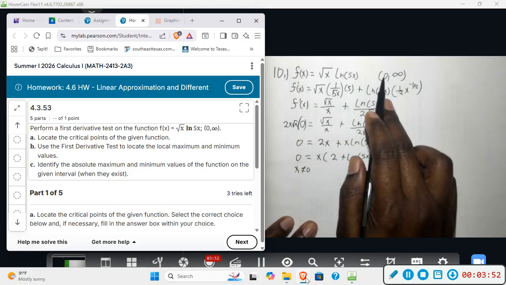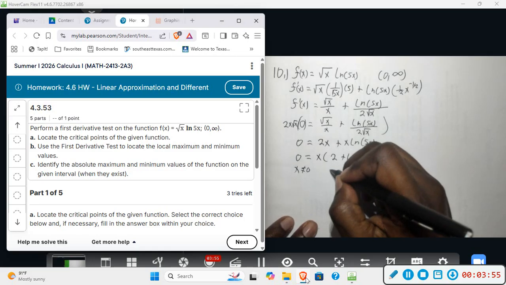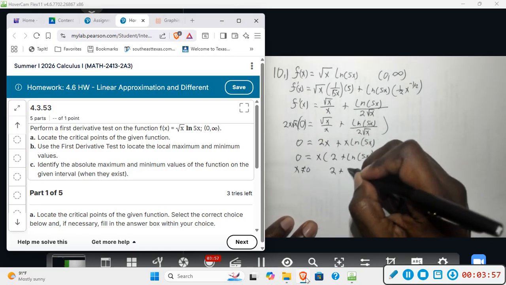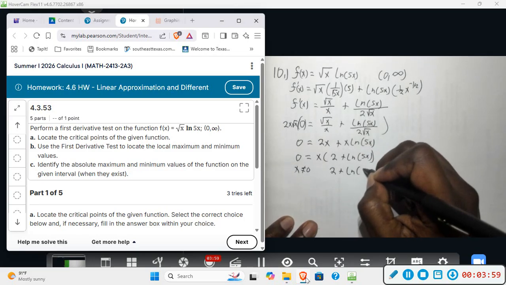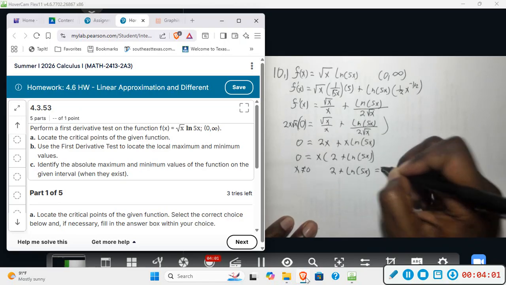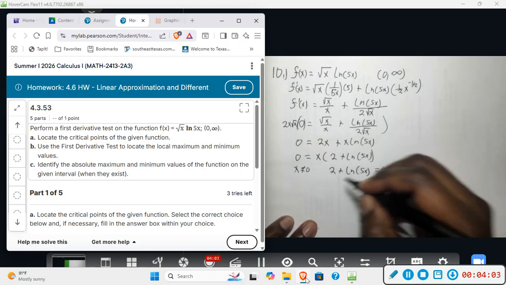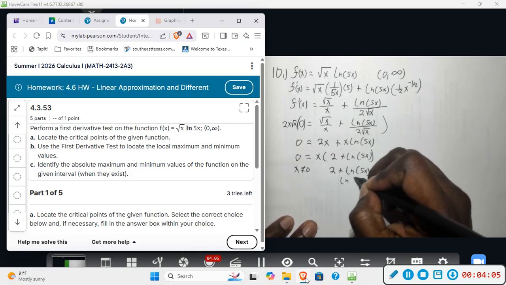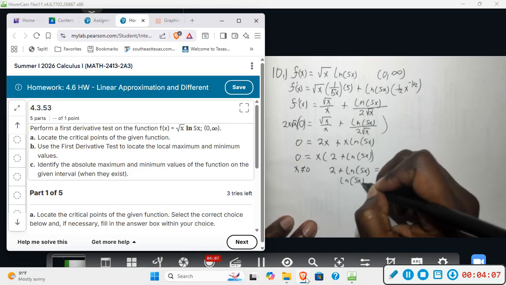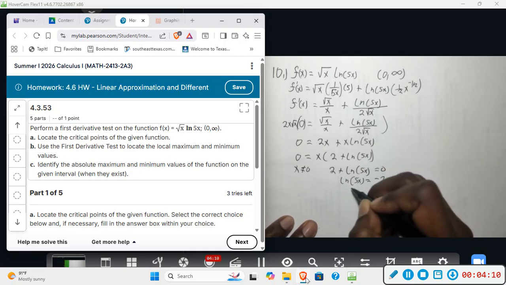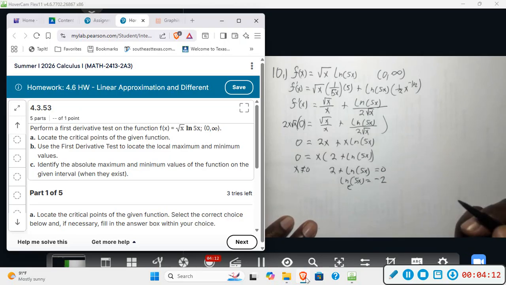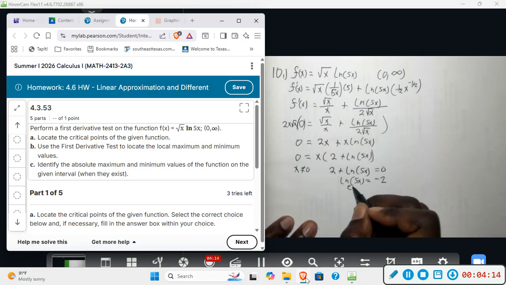X cannot be 0, not in the domain. And then we have 2 plus ln 5x equals 0. Subtract 2. Negative 2. Write this as an exponential, so the base e, move it over.